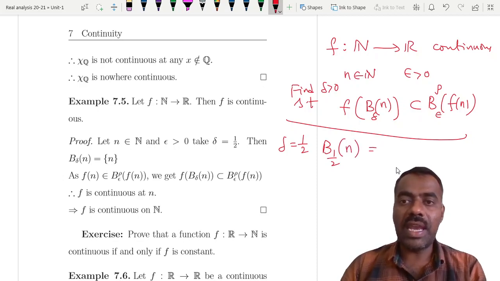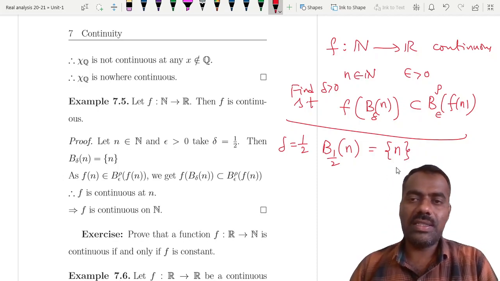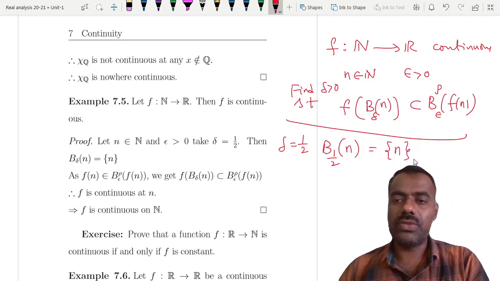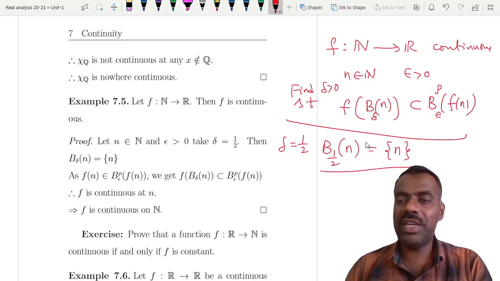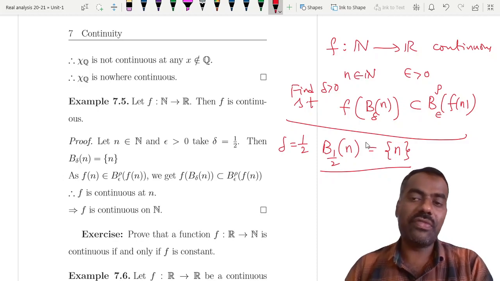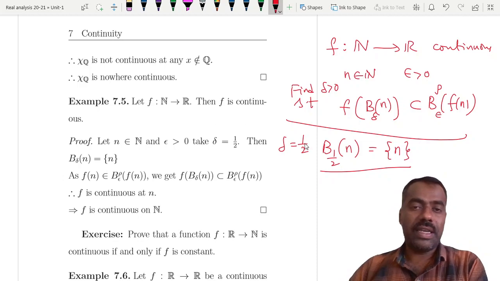What are all the natural numbers satisfying this condition? Only that one, right? If you have two natural numbers, their distance should be at least 1. Because of this, you will get that f of this ball is contained in the ball around f of n, right? So therefore it clearly follows that f is continuous.